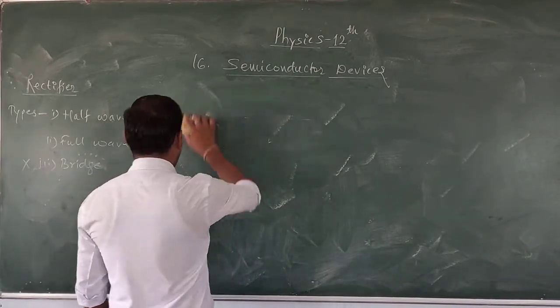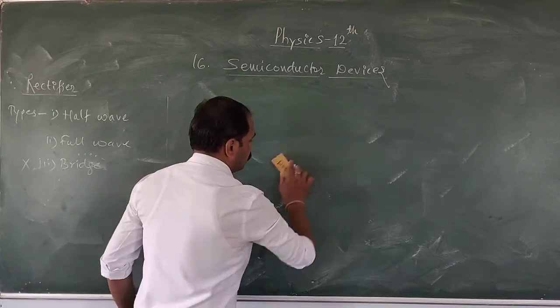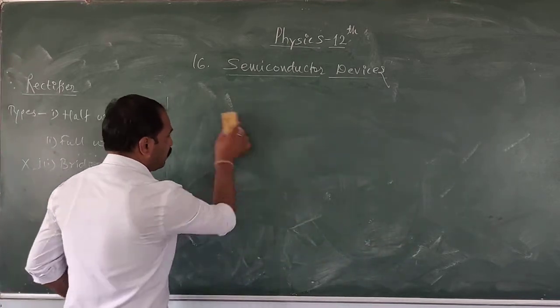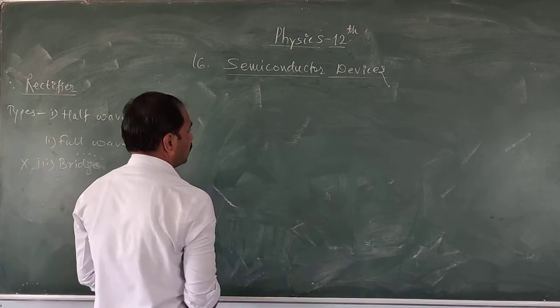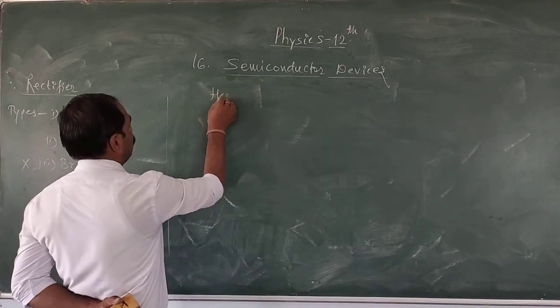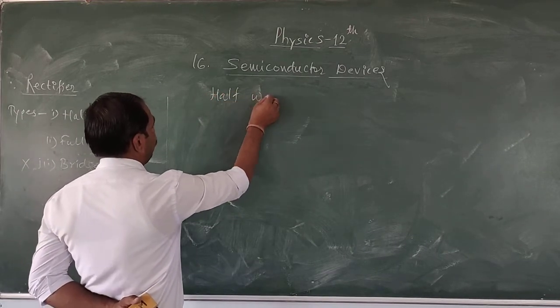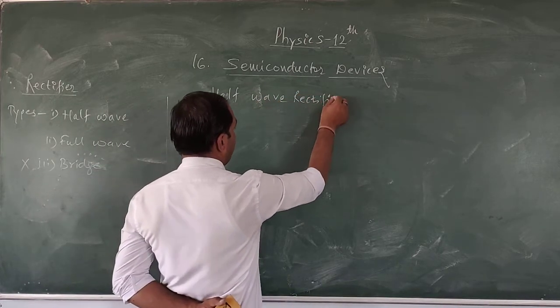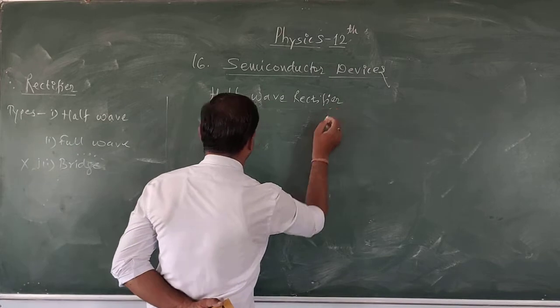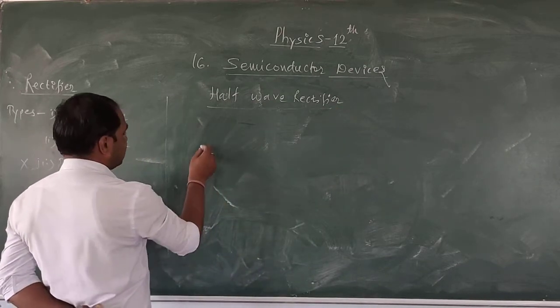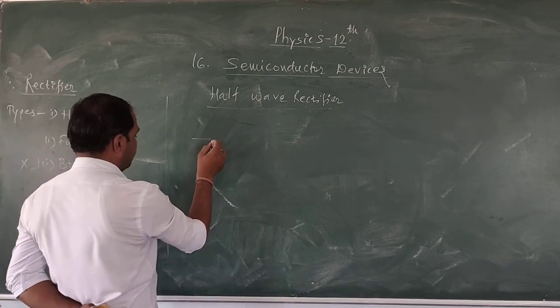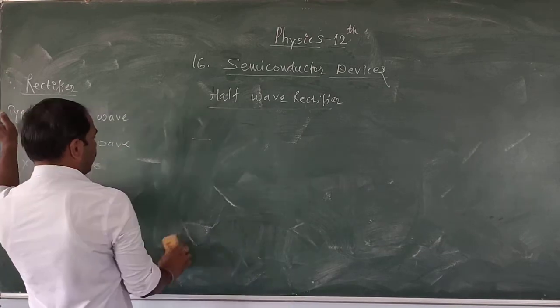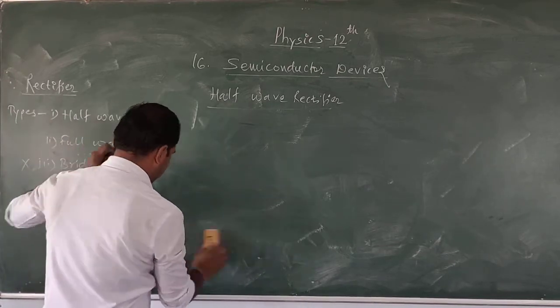First one is the half wave rectifier. The diagram for the rectification process of the half wave rectifier is shown on the blackboard. The AC signal which is to be rectified is given on the input side of the circuit.